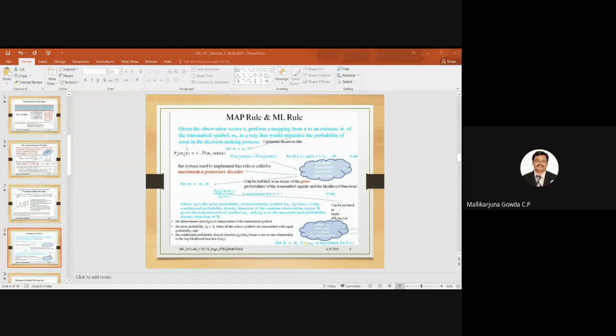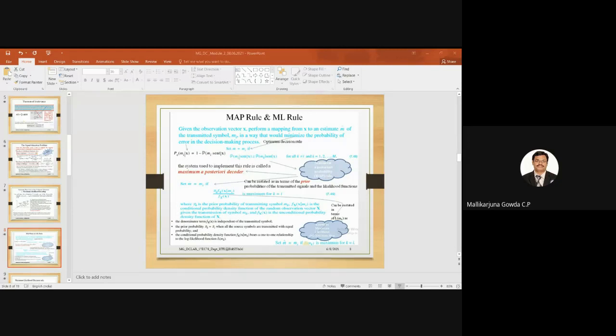What does the maximum a posteriori rule say? First we need to set m cap, please have a note of this.